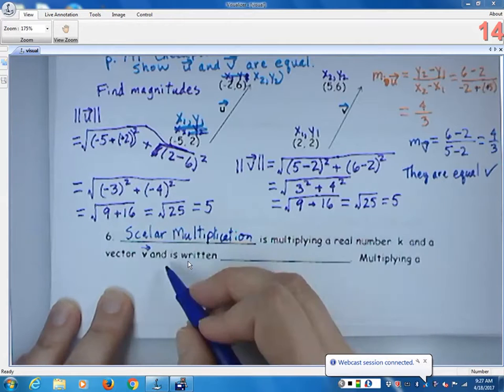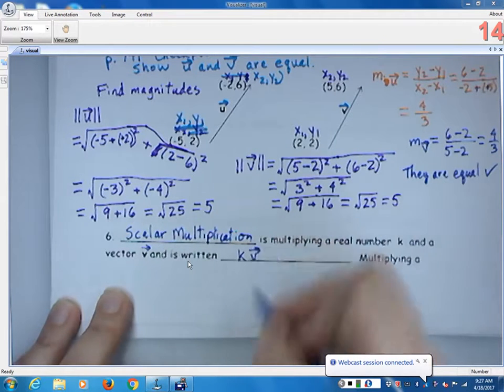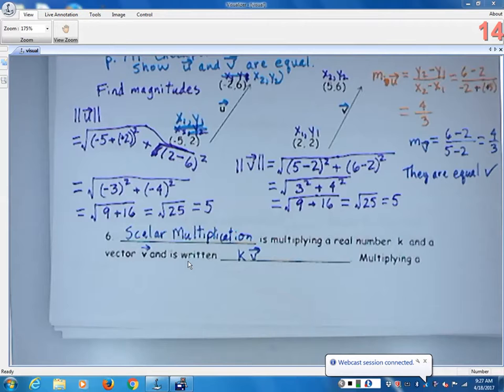It is written as kv, because we can't do boldface. Okay, so this is a lot of definitions. I've got those Quizlets out there for this.